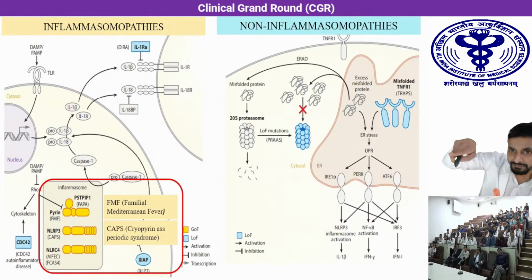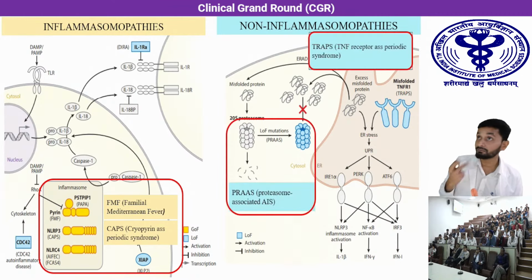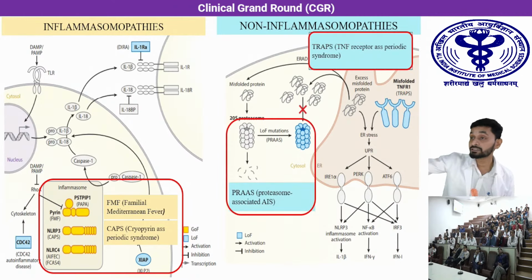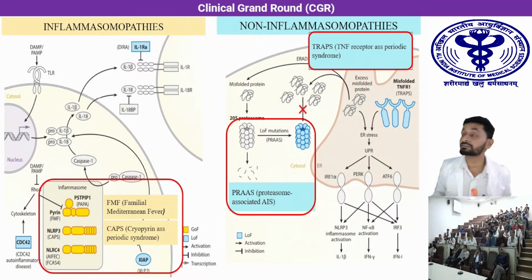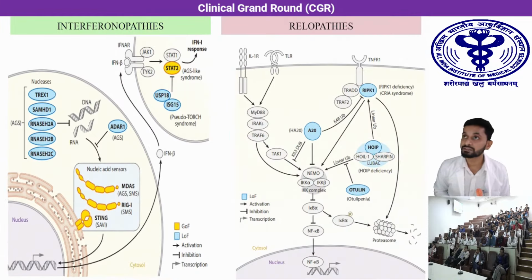Now we can see that dysregulation in the inflammasome, especially pyrin dysregulation, can lead to familial Mediterranean fever. In non-inflammasomopathies, proteasome dysregulation can lead to proteasome-associated autoinflammatory disorders, and dysregulation of the TNF alpha receptor can lead to TRAPS.